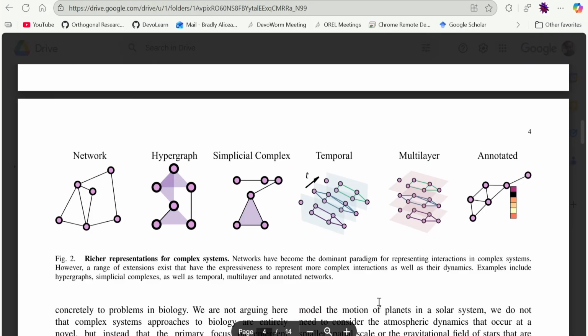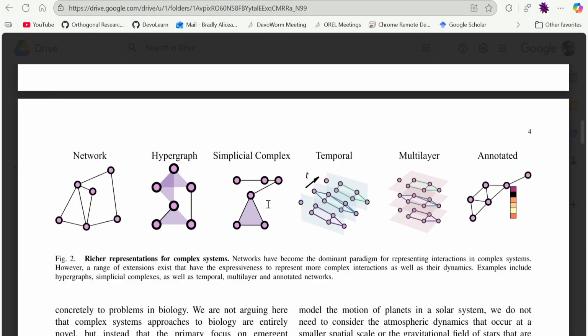You have networks on the left, and hypergraphs, which we've talked about in the group, which are nodes within nodes, and you have hyperedges within edges, or edges within hyperedges. You have simplicial complexes, which are networks that form shapes. So this forms a triangle, and you can characterize the simplices as different shapes formed by connections between nodes.